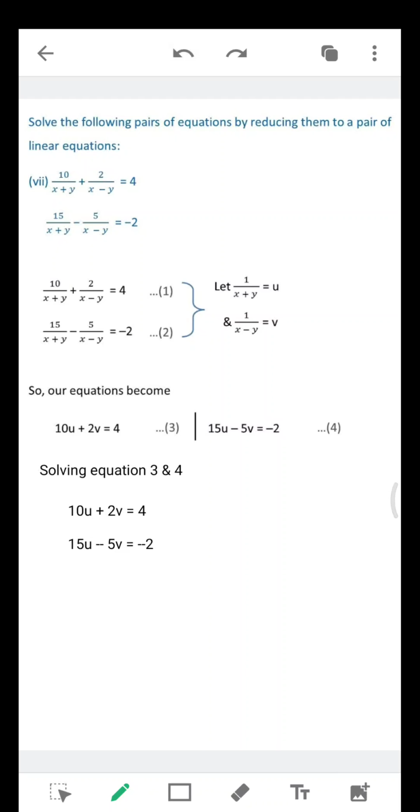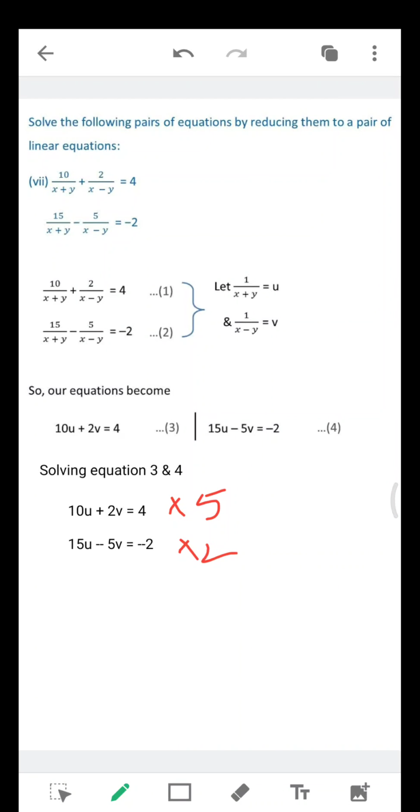So let's cross multiply. 5 multiplies here and 2 multiplies here. Sorry, this becomes into 5, and this becomes into 2.